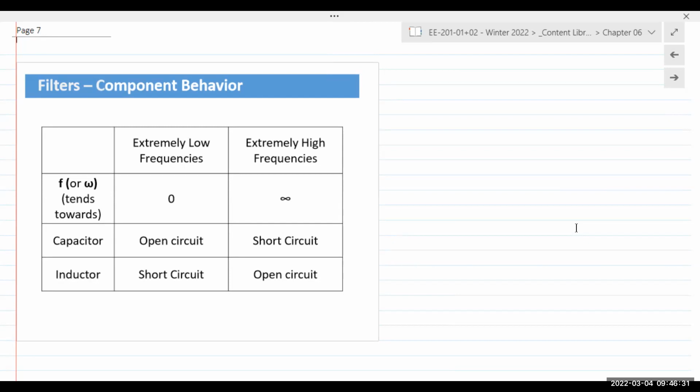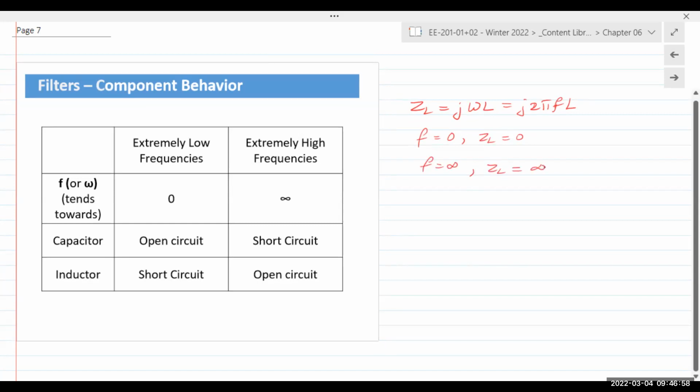So what happens? Remember, inductor j omega L, or j 2 pi FL. So if F is equal to 0, ZL is 0. F is equal to infinity, ZL is infinity.